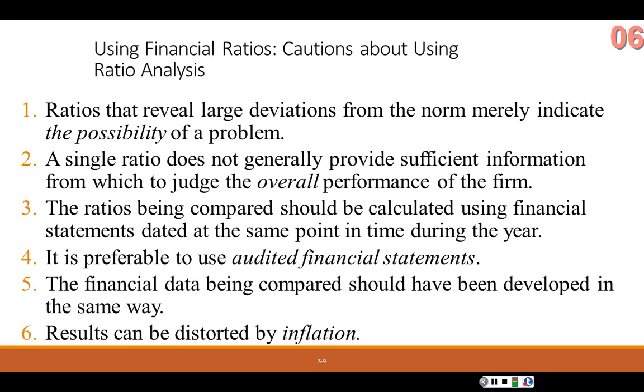When calculating ratios, you should use financial statements dated at the same point in time. It's preferred to use audited financial statements. The financial data being compared should be developed in the same way, and results can be distorted by inflation.